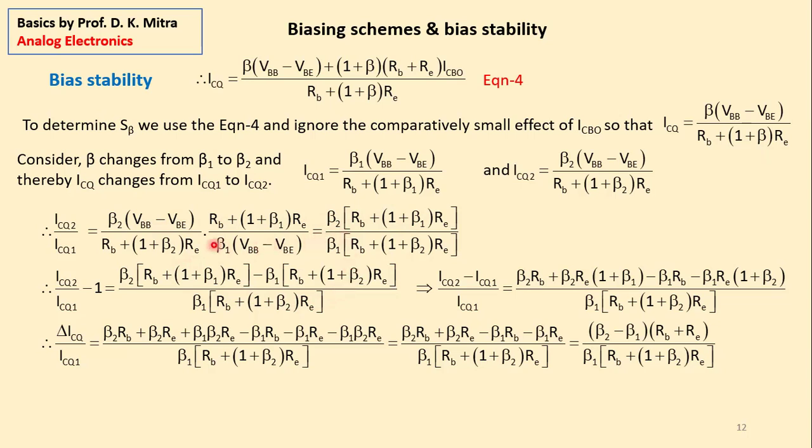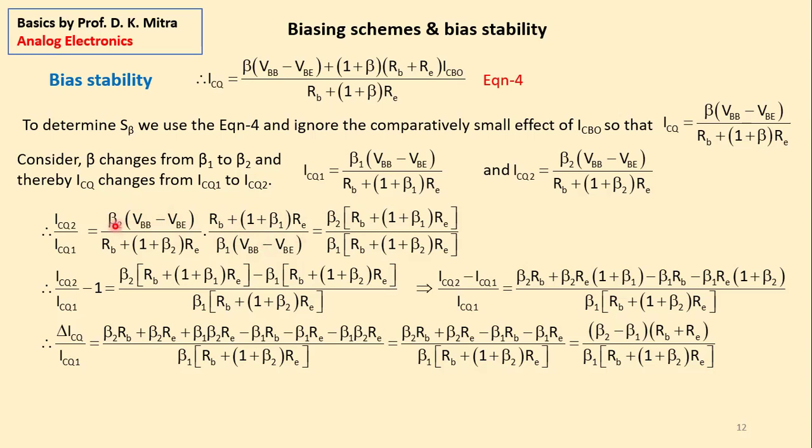So this becomes, see, beta 2 into RB plus 1 plus beta 1 RE, because this VB minus VBE cancelled on both numerator and denominator.